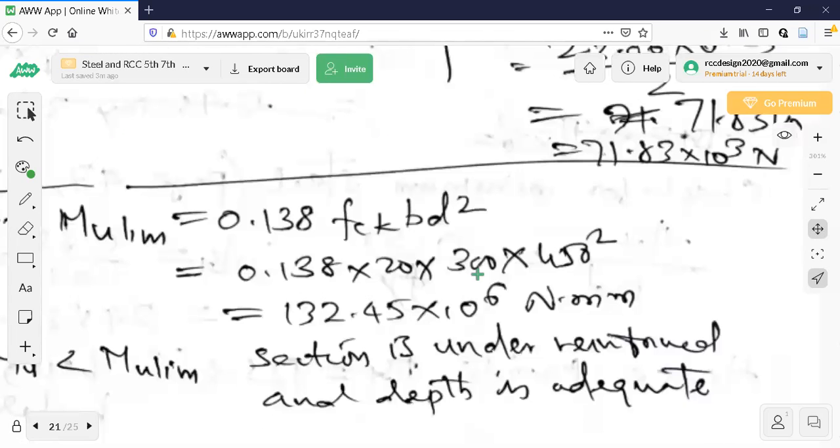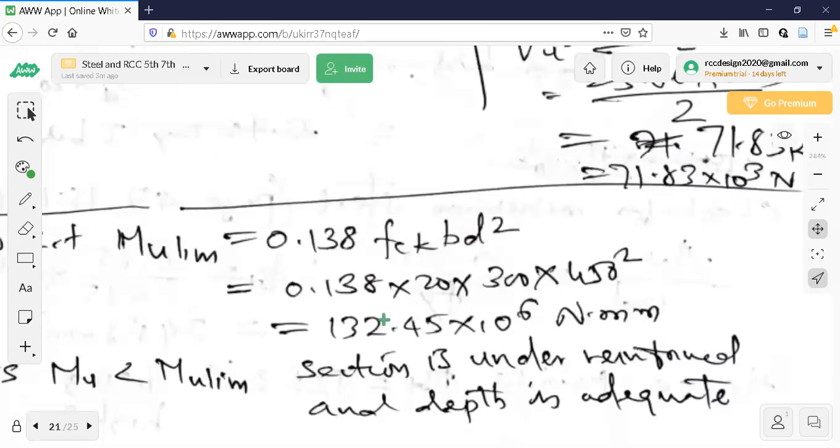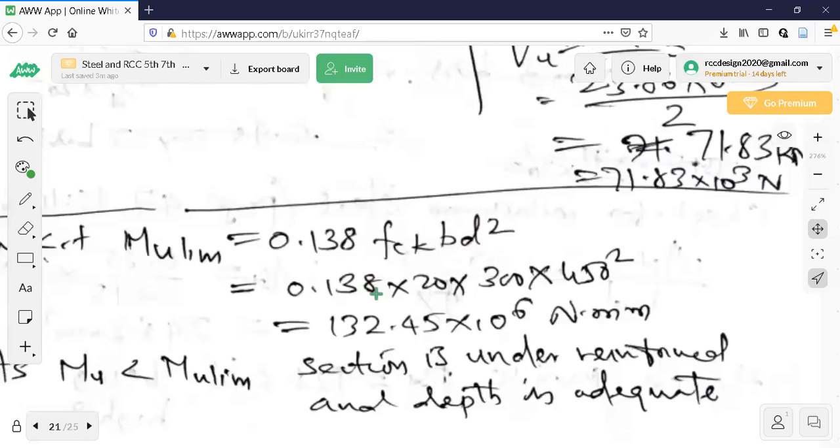Now see here, find out MU limit. MU limit is 0.138 FCK BD square. This is for Fe 415. You should be able to find this one. If you forget this 0.138 in the examination, one simple method is there.